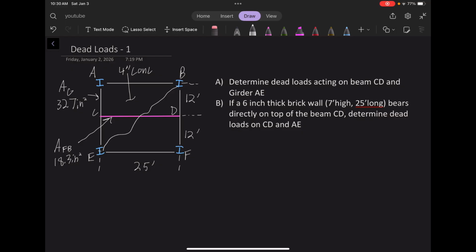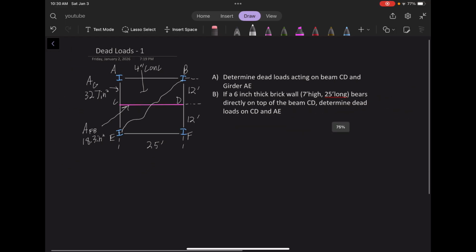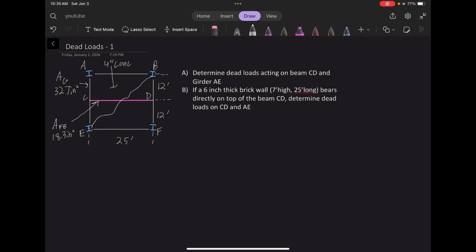So before we get started into actually determining the dead loads, let's determine how heavy the self-weight is of these beams and concrete. So I'm going to say the unit weight of the reinforced concrete is equal to, from my text, 150 pounds per feet cubed times 4 inches thick concrete, and we have to convert that to feet.